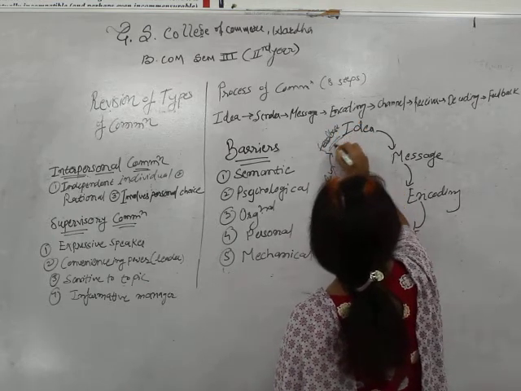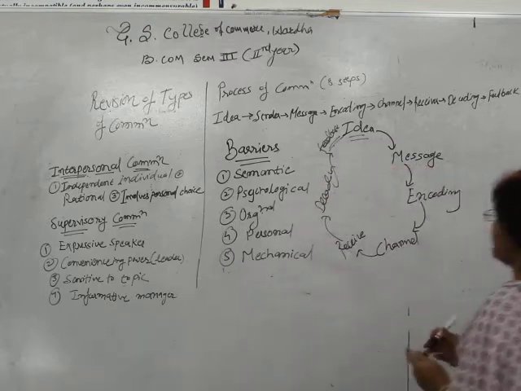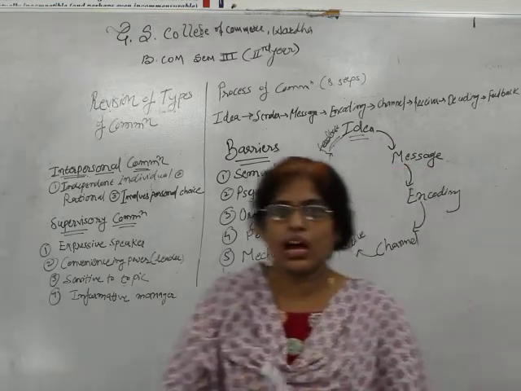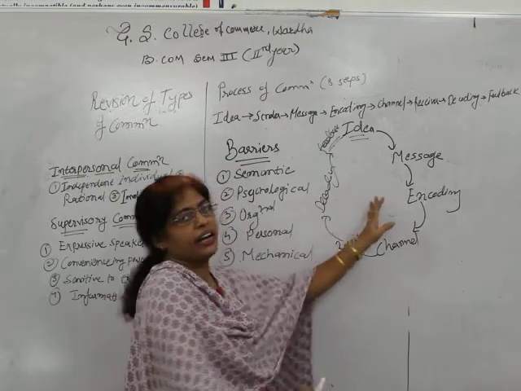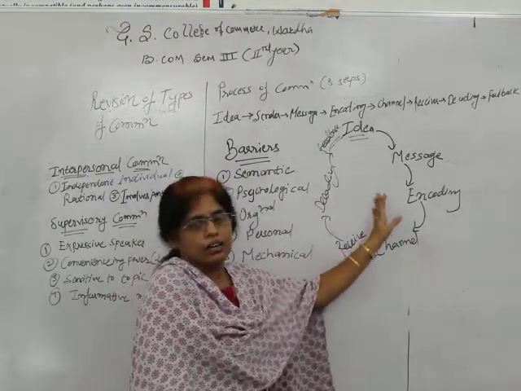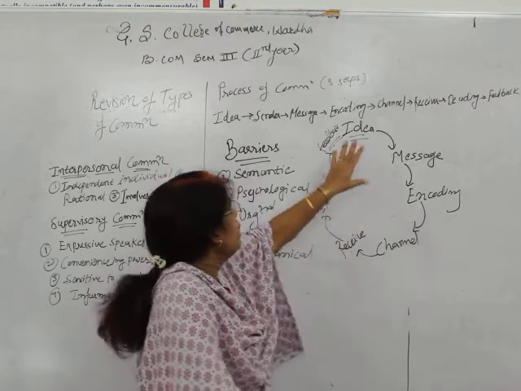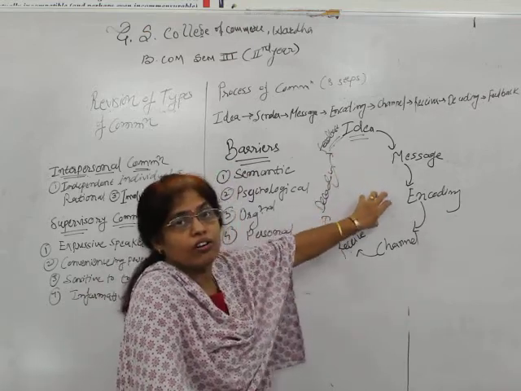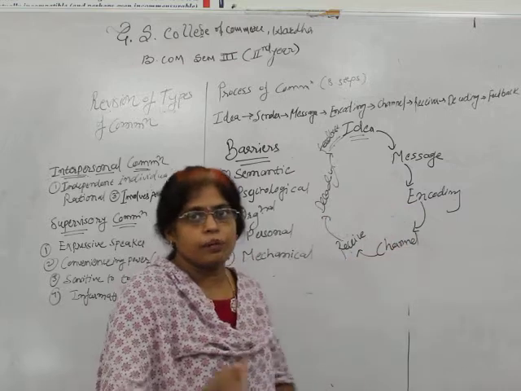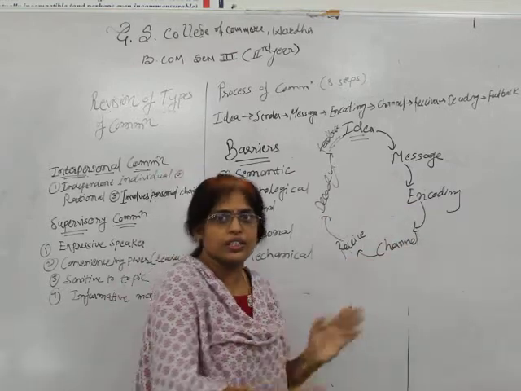Here the process ends and here the process starts. This is how, in the exam also, you can draw such a small diagram, so that the examiner will feel that yes, this particular student has understood this topic.